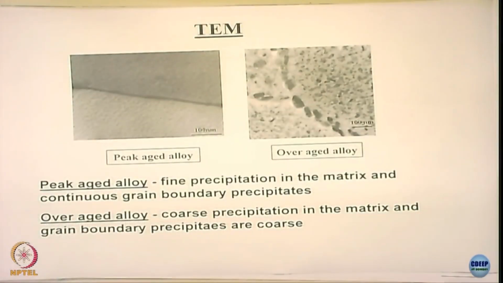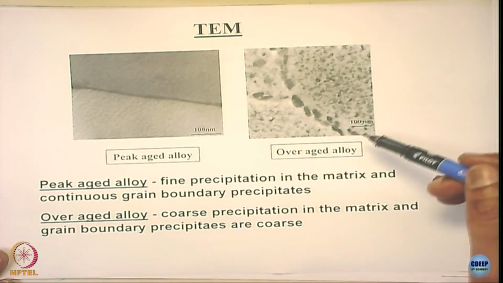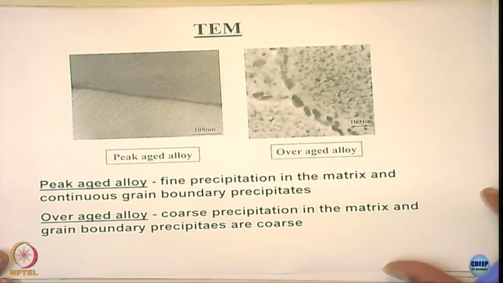Right? And age hardening is of course a big subject altogether, but to make it simple, two types of aging are important for us. One is called peak aging, the other is called overaging treatment. What is peak aging treatment?